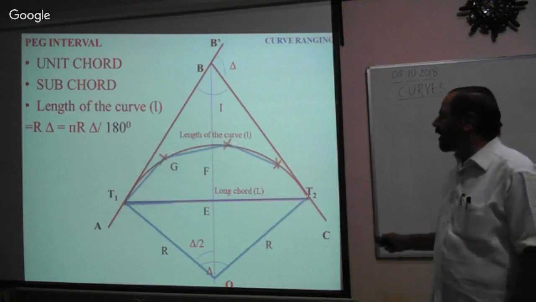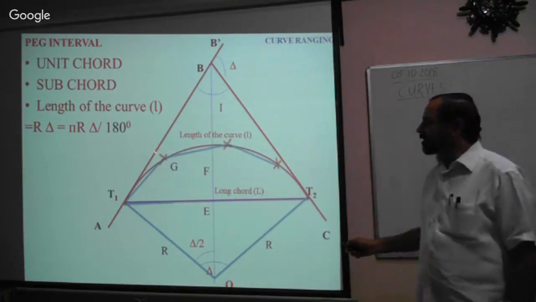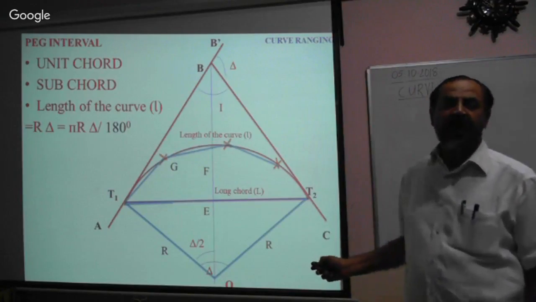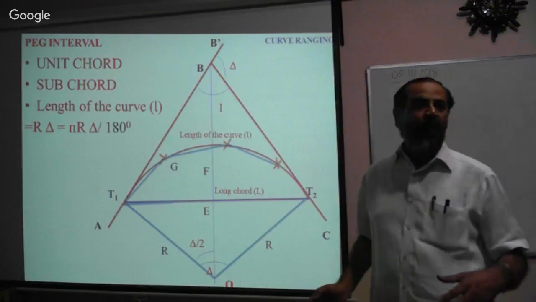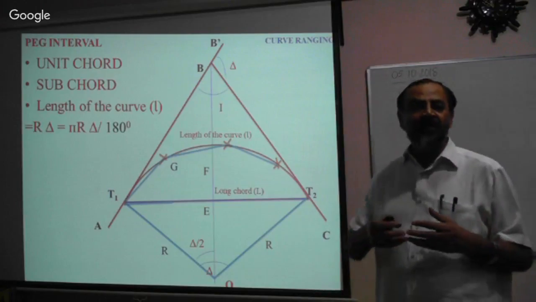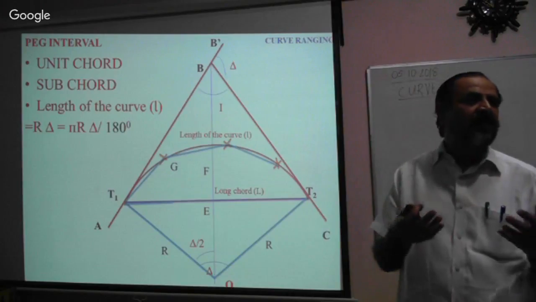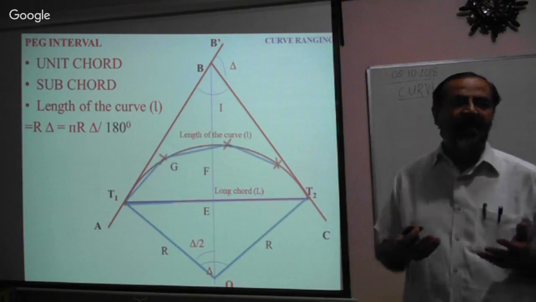Once you calculate the curve length, then divide this curve into chords. If you make more number of chords, you will get the exact curve shape. If you have fewer chords, then the curve shape may have some error.